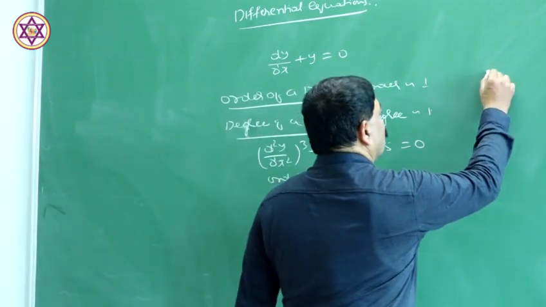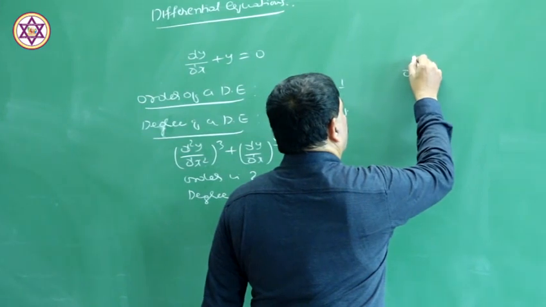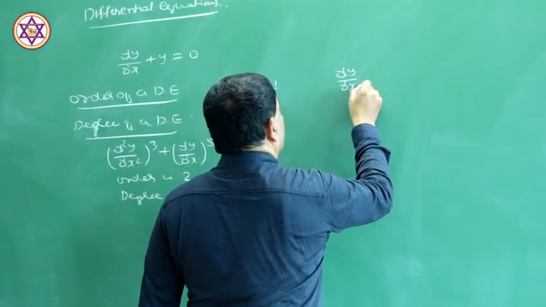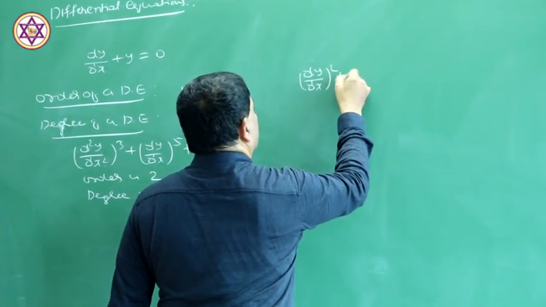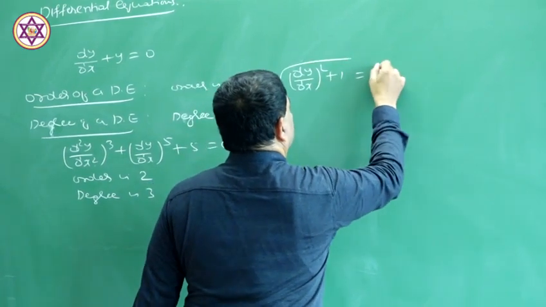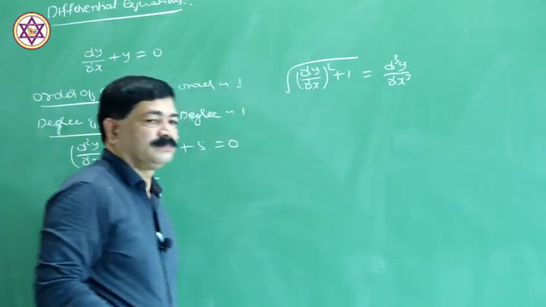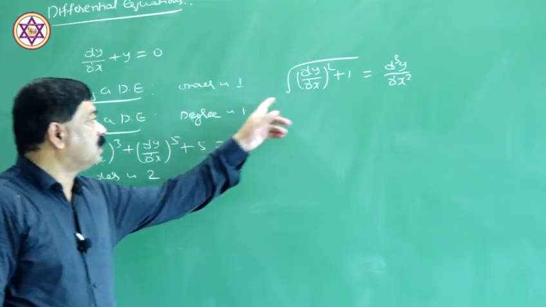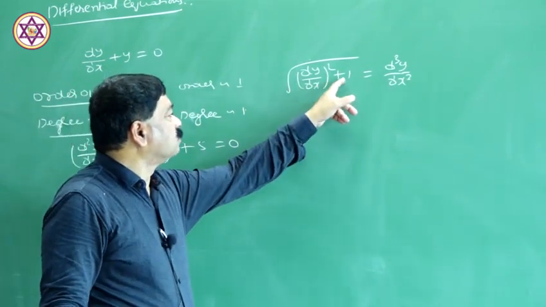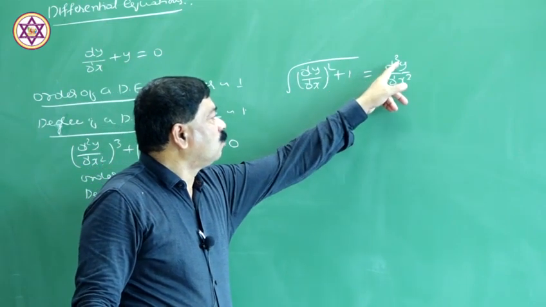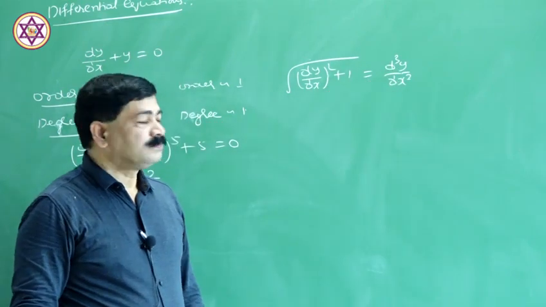Next, the root of dy by dx whole square plus 1 is equal to d cube y by dx cube.